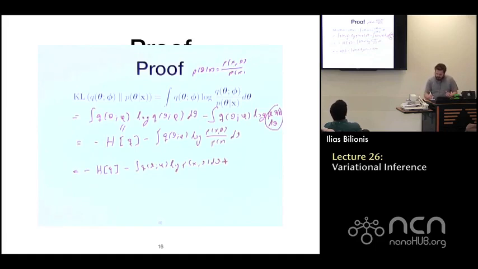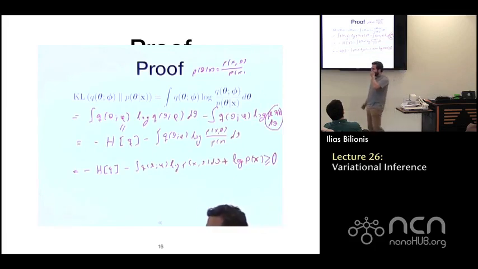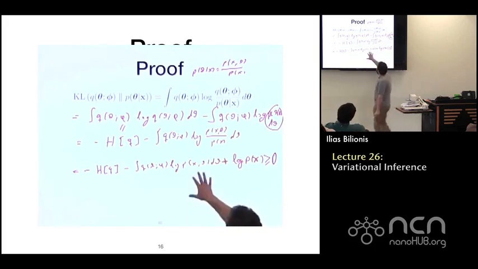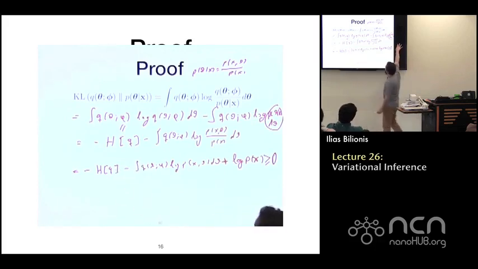So here you're just going to get plus log p(x). Okay? And this thing is greater than or equal to 0 because the Kullback-Leibler divergence is greater than or equal to 0. So you can move these things to the right hand side, and that's your ELBO.